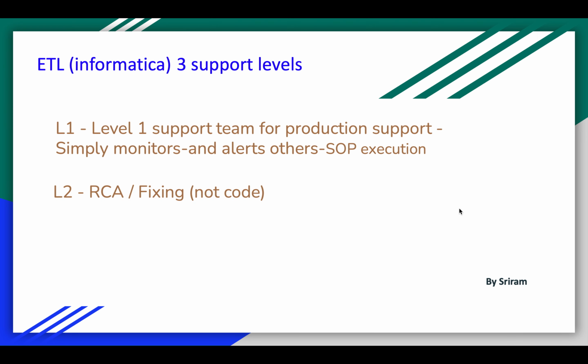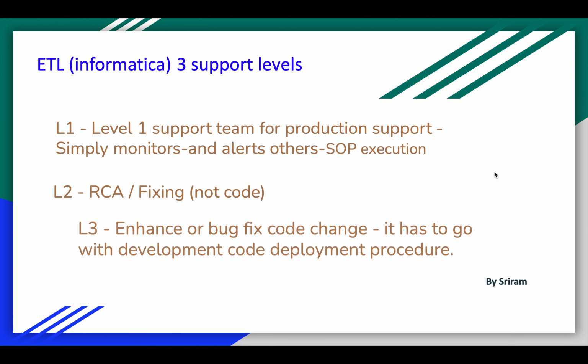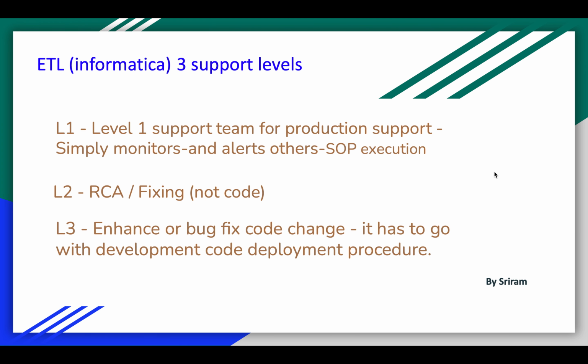L1 is a team who may not know Informatica. They will just monitor the jobs. They will monitor the failure emails, or the business email that has to come by 9 a.m. but is not coming yet. If a user is expecting some data which is not present, the user might call these L1 guys and say that this data is not present.